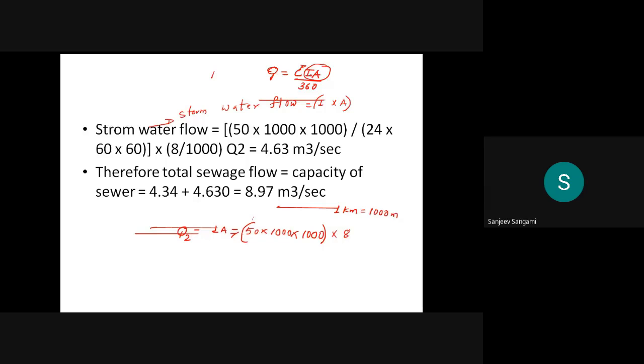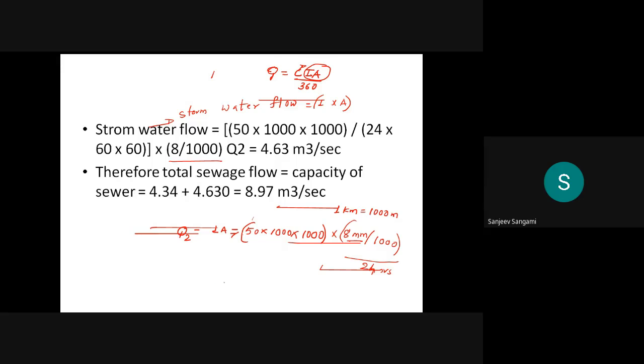8 mm, he has given, very important. Intensity of rainfall he has given. If you want to convert this into meters, then I have to divide it by 1000. That only he did here, very important. Then 8 mm per 24 hours is given.